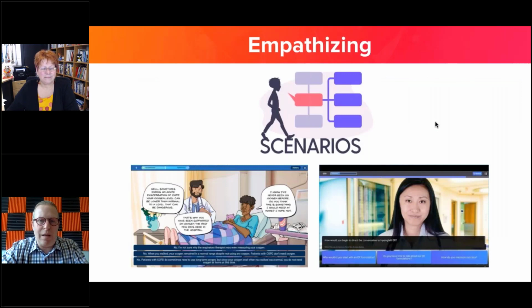The best example that we have of this, and this is one that I think people historically have tried to build themselves using some of the rapid authoring tools, but have taken upwards of 50 or 100 hours to build, is scenarios. And scenarios I love.